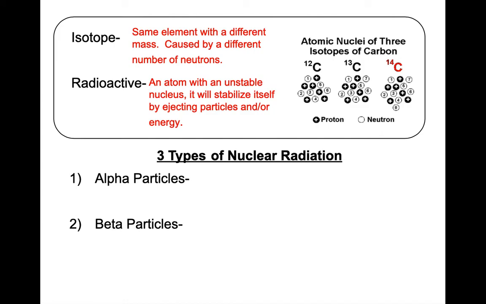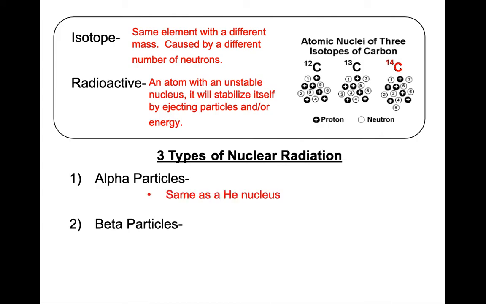So radioactive means an atom that has an unstable nucleus. And these unstable nuclei will eventually become stable by ejecting particles, by ejecting energy. And so we are going to be focusing on 3 main types of nuclear radiation.